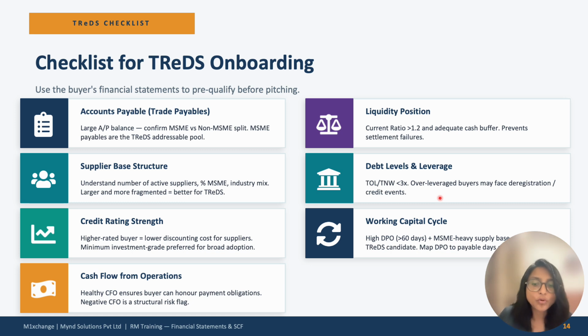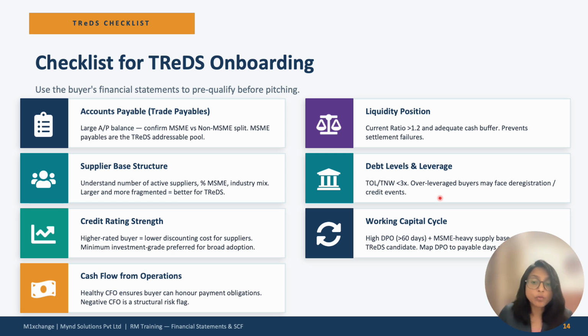Now, why is it more important for a TReDS platform? Because here the funding or the limits are unsecured. The financiers generally do not take any security against these limits. So it is very important that we understand whether the company is over-leveraged or not, because when it goes into a liquidity crunch, it will first repay those financiers where it has security.